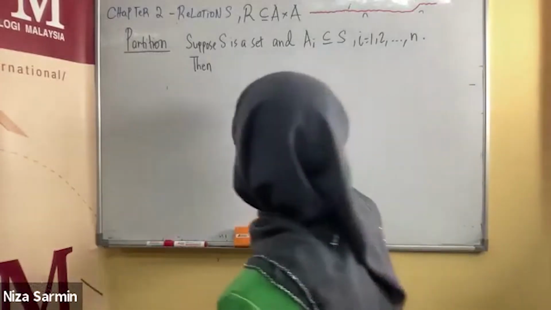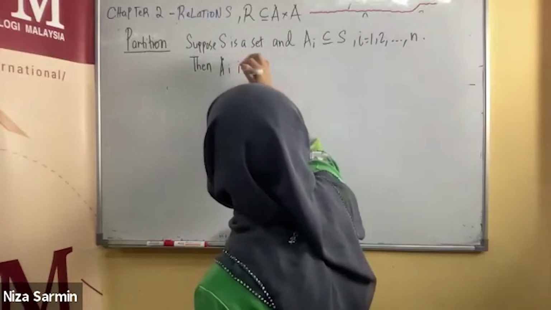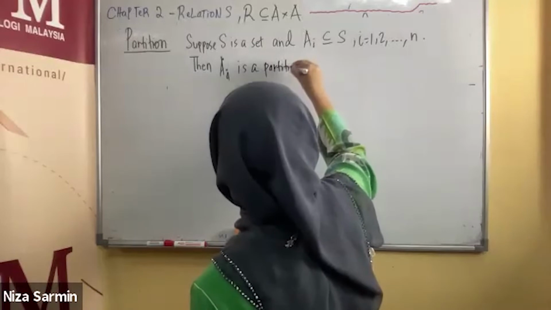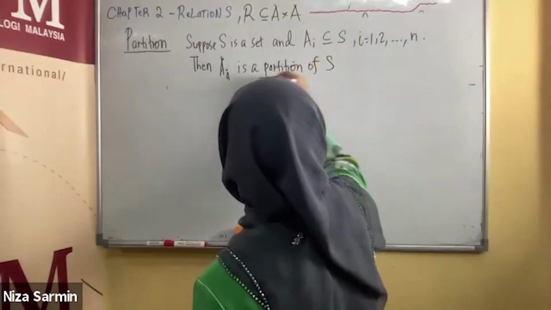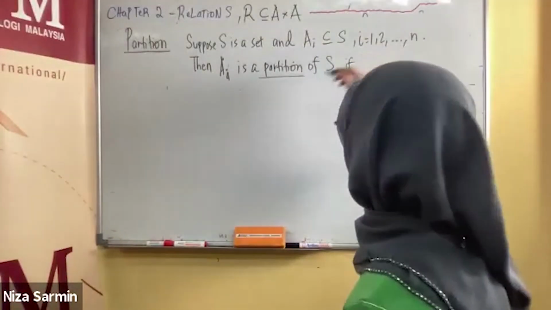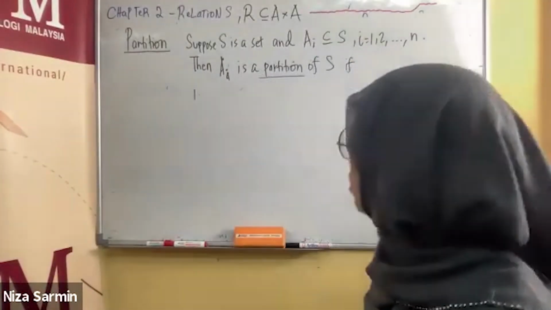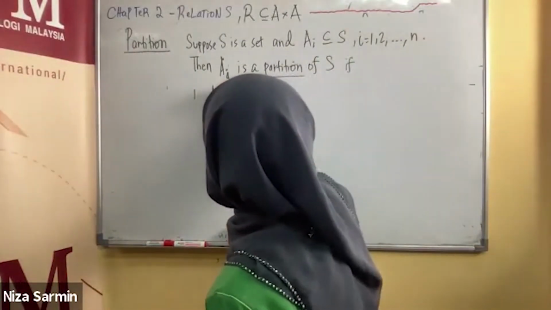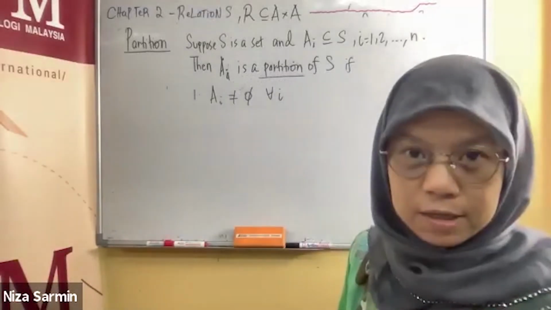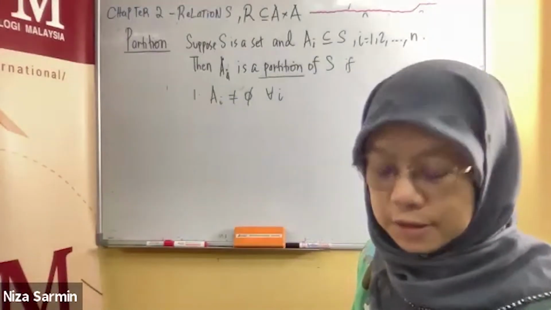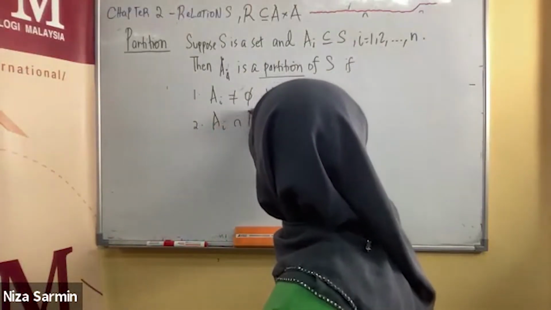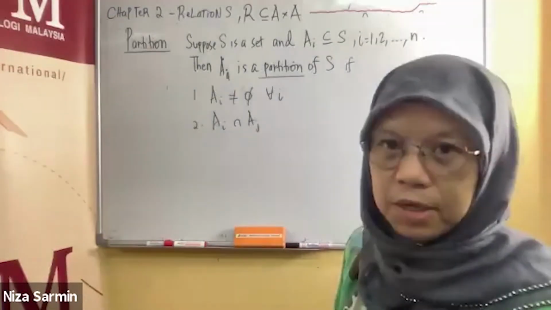Then the A_i is a partition of S if, definitely, each cannot be empty. We don't want an empty subset. And they are mutually exclusive, meaning they don't intersect.